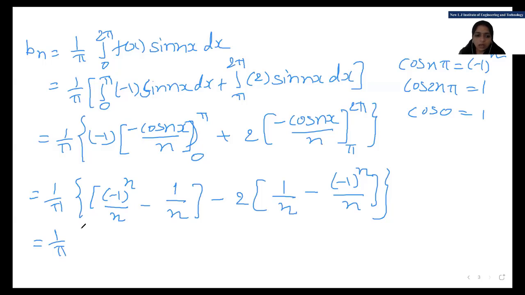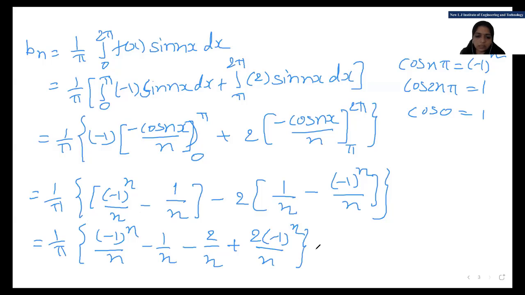Now, after simplification, I have minus 1 raised to n upon n, minus 1 by n, then minus 2 by n, and here minus minus plus 2 minus 1 raised to n upon n. It means the first and last terms are the same.